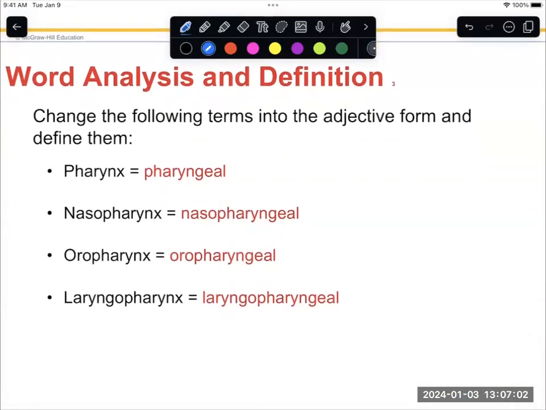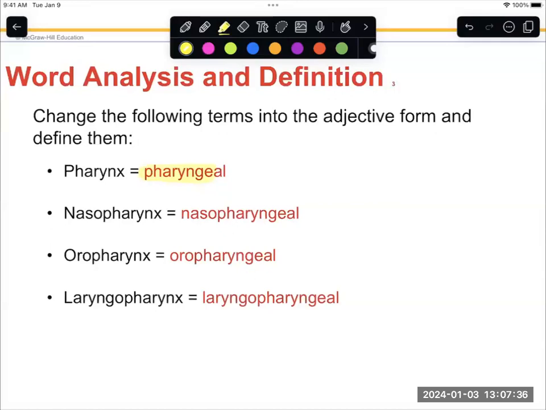So let's look at the noun and the adjective form. Pharynx becomes pharyngeal, and our pharyng/o will be that combining form for throat. Al means pertaining to, so pharyngeal is pertaining to the throat.